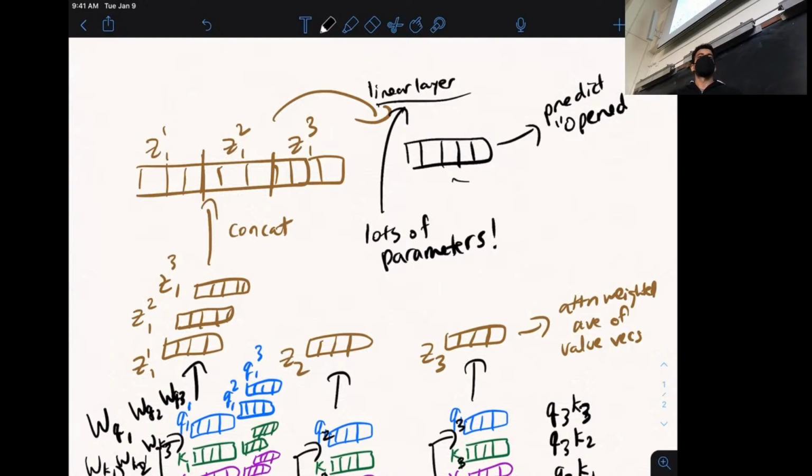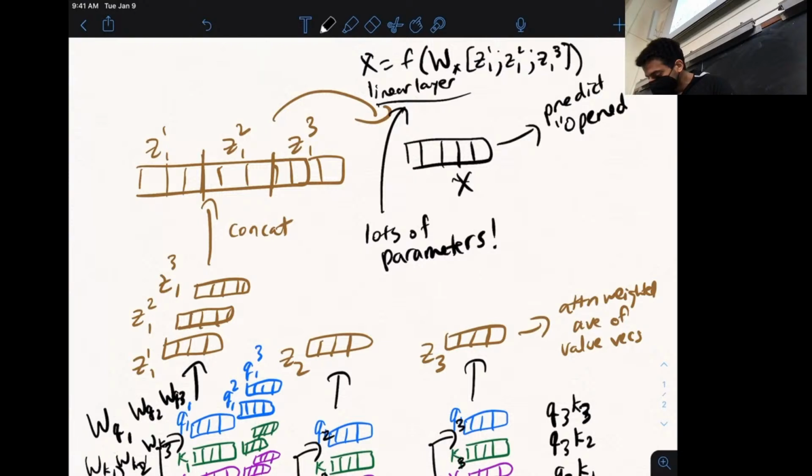Another question: is there a nonlinearity added while going from the concatenated vector to the next one? Yeah. So here, in this linear layer, let's say this vector X is going to be, I don't know what we'll call this, W_X times this concatenated thing here.